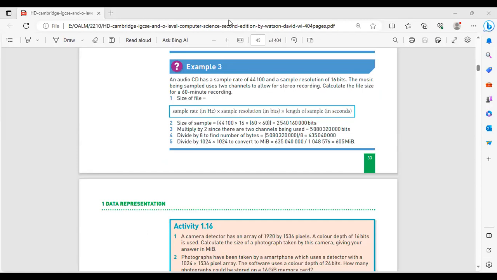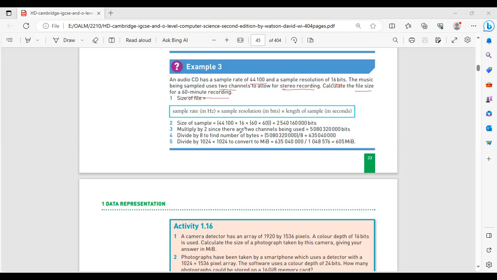Example 3 says an audio CD has a sample rate of 44100 and a sample resolution of 16 bits. The music being sampled uses 2 channels, which must be considered to allow for stereo recording. Calculate the file size for a 60-minute recording.